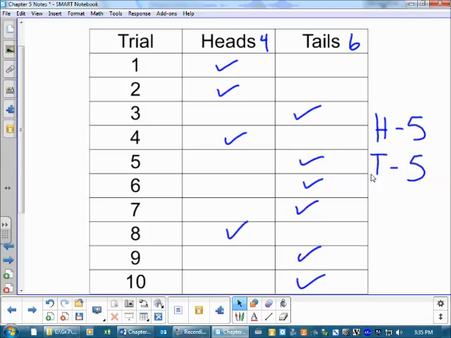Then the more trials you do, the closer your experimental and theoretical probability become, because over a greater number of trials, that statistic becomes a little bit closer to theoretical. Okay, I think I'm going to end it there.